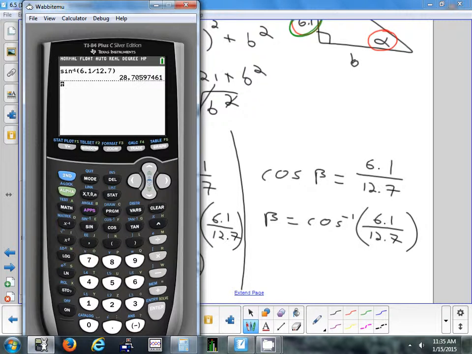So actually what I'll do is just bring up the last thing I typed in and change it to inverse cosine. So we get 61.294, and that looks good. Those angles look like they would add up to 90.